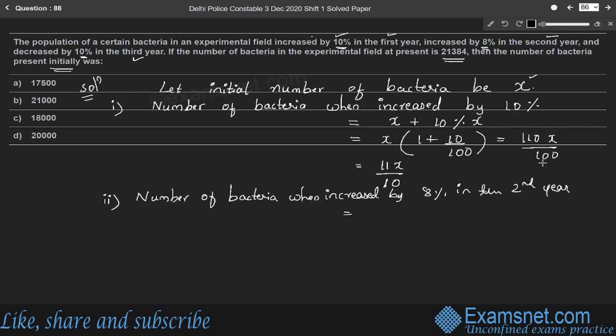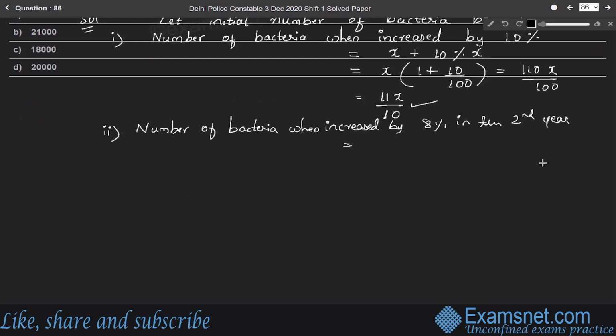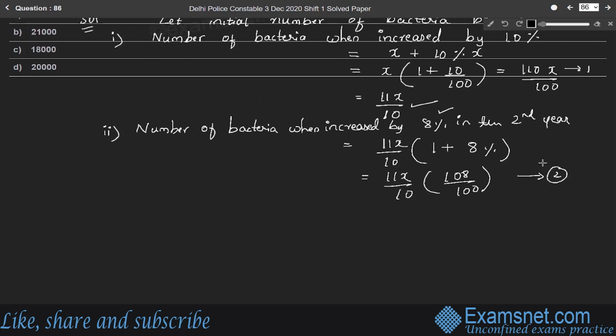So in the second year, this 11x by 10 will be the initial number of bacteria, right? So it becomes 11x by 10 into 1 plus 8%, which is 11x by 10 into 108 by 100, right? Let us consider this as equation 2 and the previous one as equation 1.